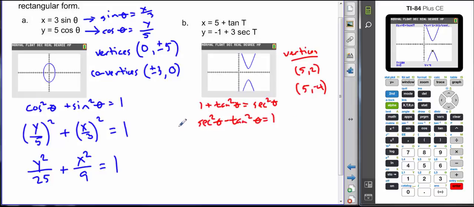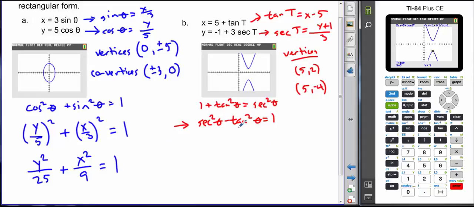That is the form we're going to use for hyperbolas. So I'll solve for tangent: tangent of t is equal to x minus 5. And for secant, I'll add 1 and divide by 3, so secant of t is equal to y plus 1 divided by 3.